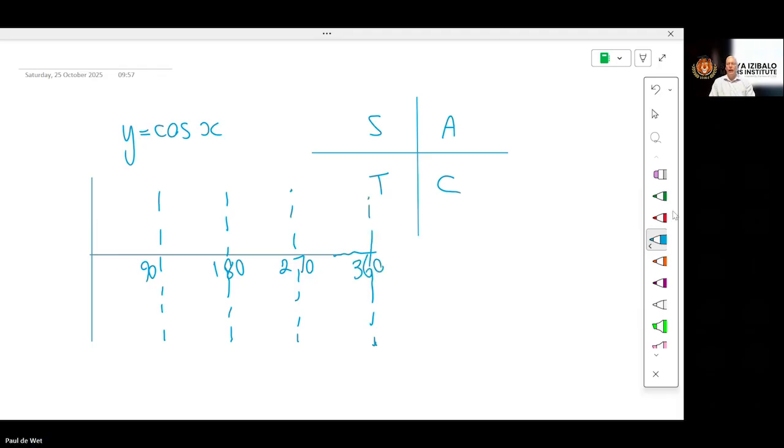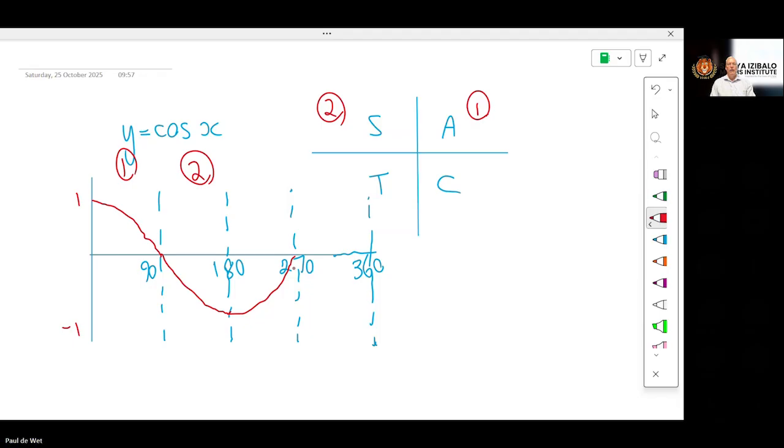Is cos positive or negative in this first quadrant? It's positive, and we know that the cos graph goes like that. Is cos positive or negative in the second quadrant? It's negative. This is quadrant 2. In the third quadrant?